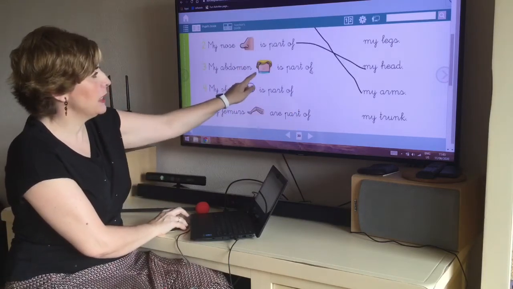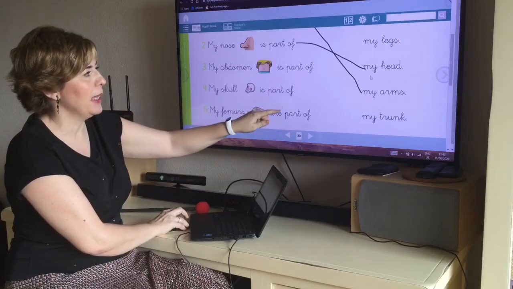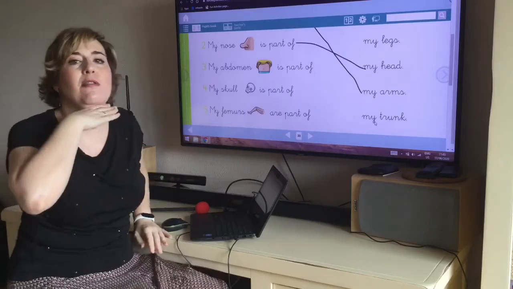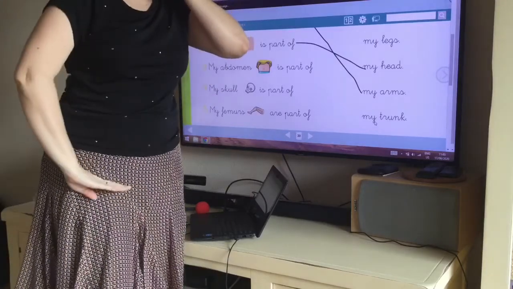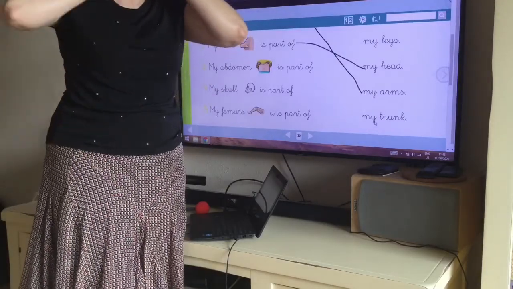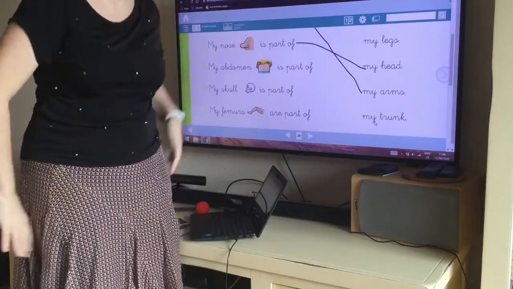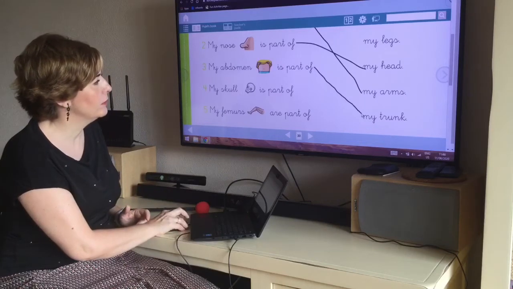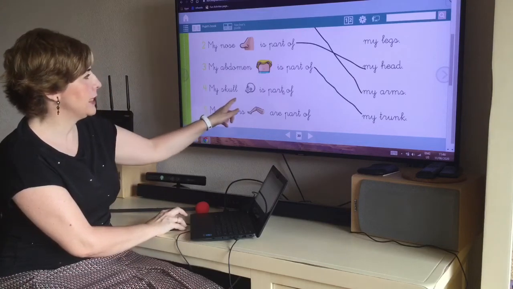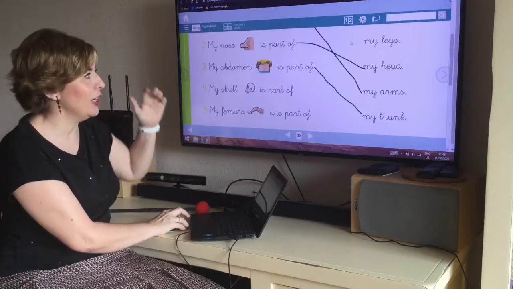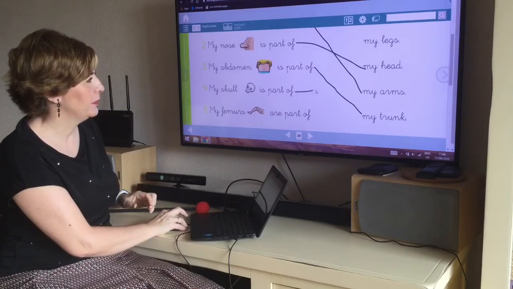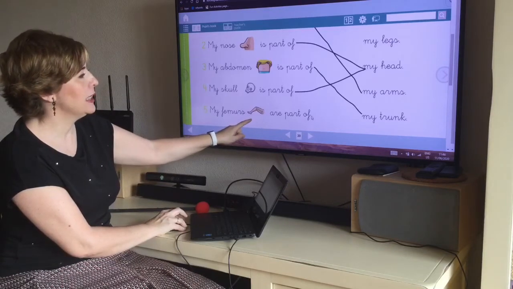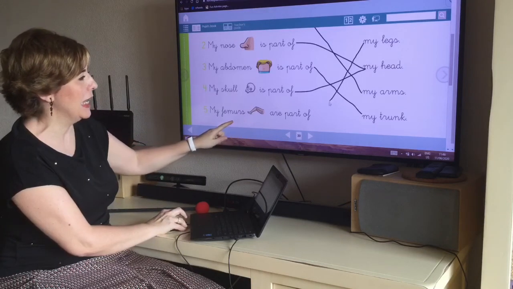So my abdomen is part of my legs, my head, my arms, or my trunk. My trunk is from here up to here. So your abdomen is part of your trunk. What about the skull? The skull is in your head. And your femur is part of your legs.